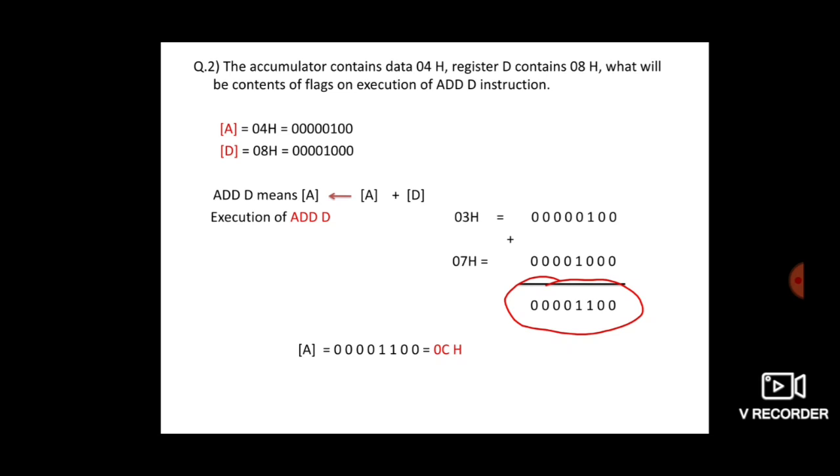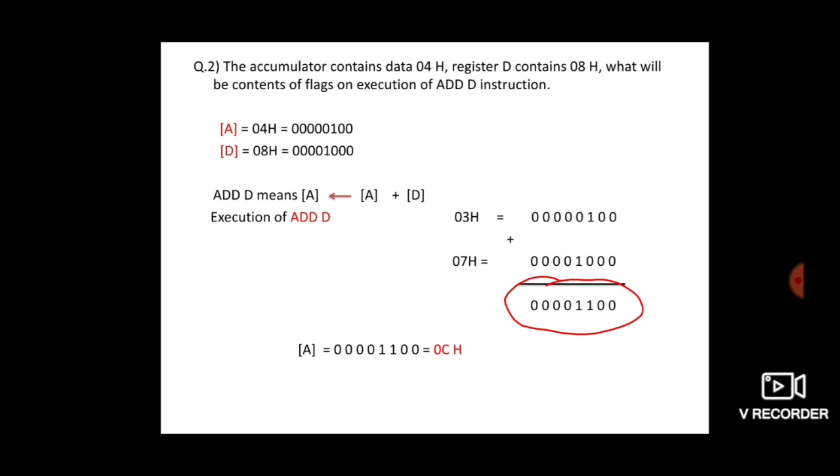Now we will set or reset the flags depending upon this 0 0 0 0 1 1 0 0. See here, at the addition time, is a carry bit forwarded from D3 to D4?